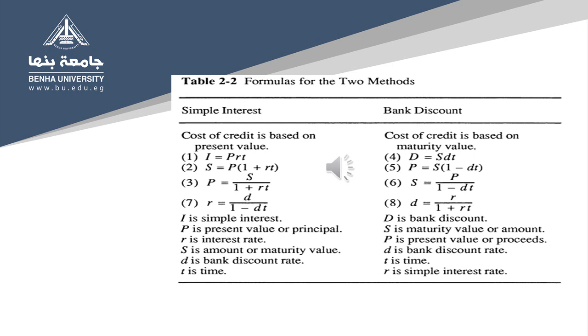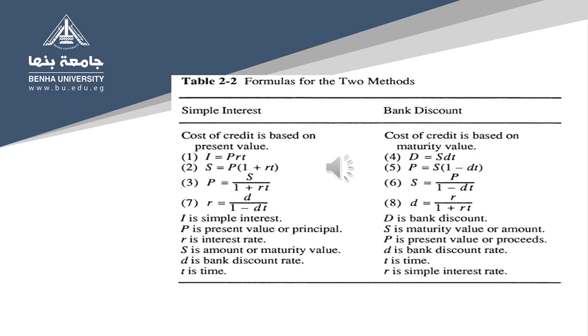Now we will go to the summary between the first chapter related to simple interest and the second chapter related to bank discount. This slide is very, very important for every student to understand very closely. We will begin with simple interest.